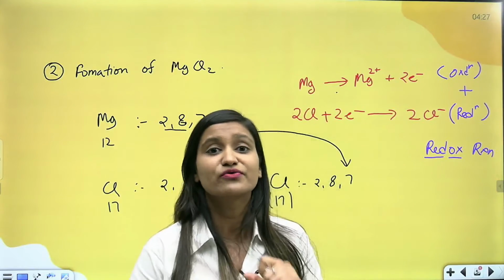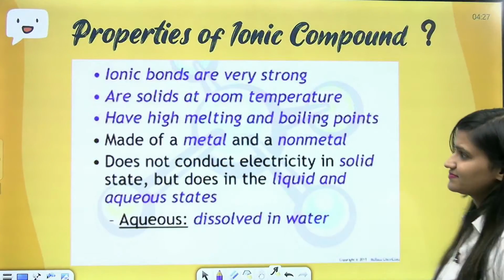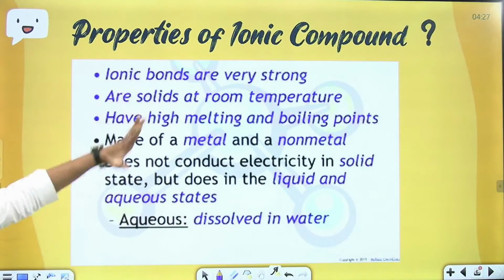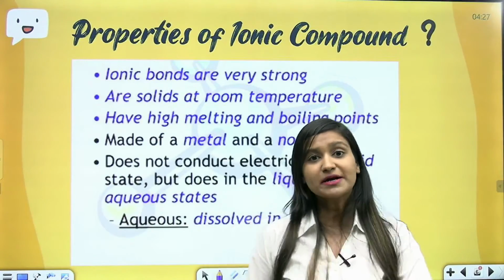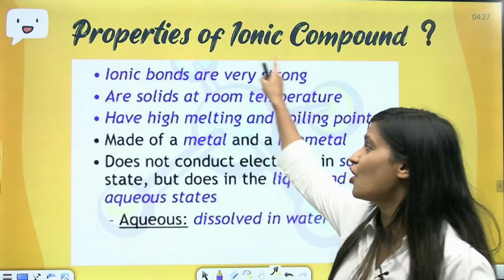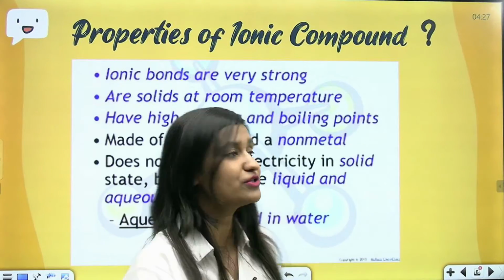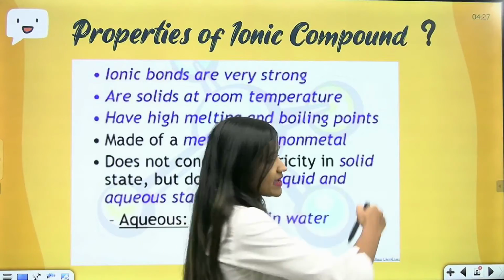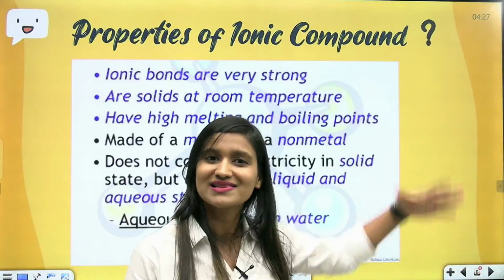Now quickly we are going to discuss its properties. Let's see the properties of ionic compounds. The first one says ionic bonds are very strong. But before discussing all of these properties, I am going to tell you the father of all these properties.